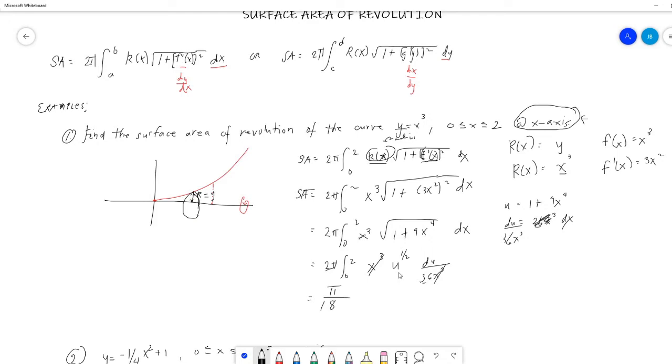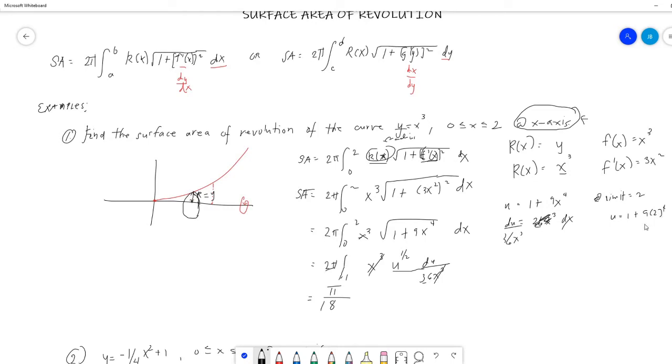Okay, to make it easier, we will let this be in terms of u, but our limits should be changed. Remember? If our lower limit is 0, let's substitute 0 here. So this is 1. Our upper limit is 2, so u is equal to 1 plus 9 times 2 raised to the power of 4.